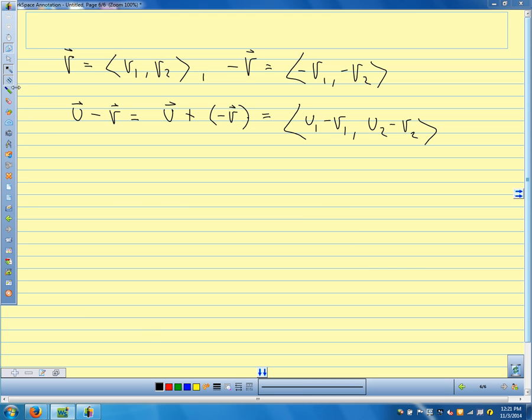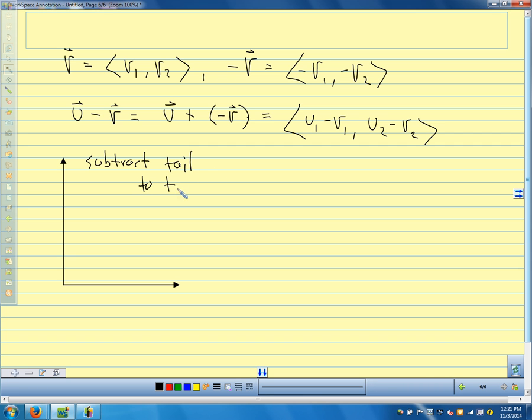And geometrically, we subtract tail to tail. So if I have this as vector u, and this is vector v, the vector u minus v would be that vector.